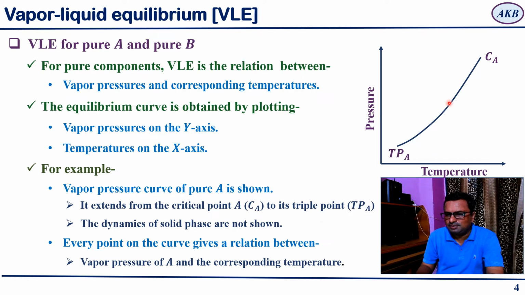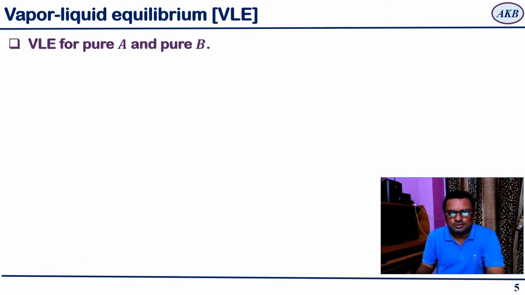Any point you choose, you will get the vapor pressure and the corresponding temperature. So this is how VLE is represented for pure components. Over here, we have shown it for pure A. Let us move ahead.